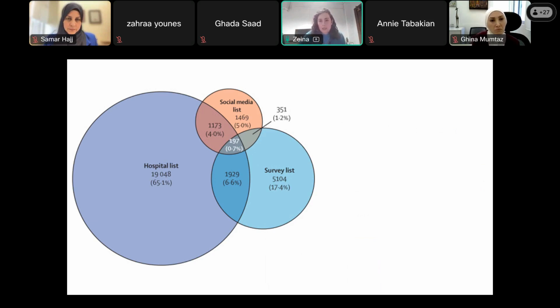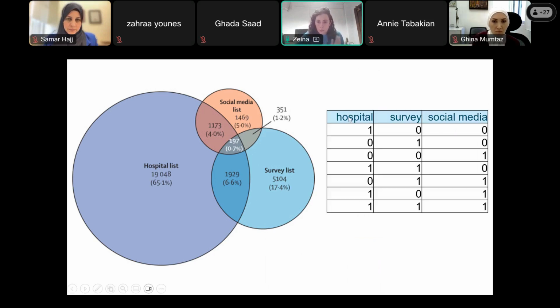And so, as I mentioned, we did Poisson regression models to look at what happens depending on whether you're in a hospital list, so one hospital list, zero survey and social media. You could be in the hospital, in the survey, or in the social media list.